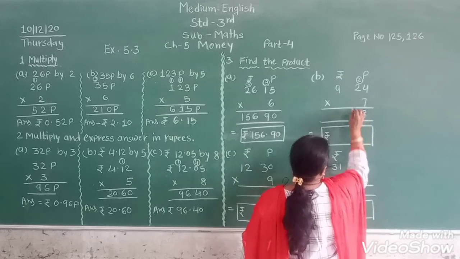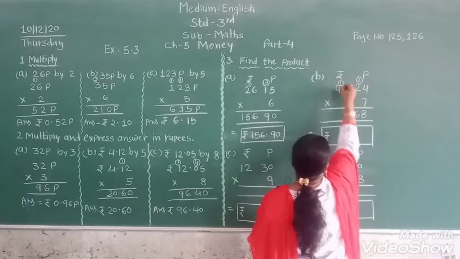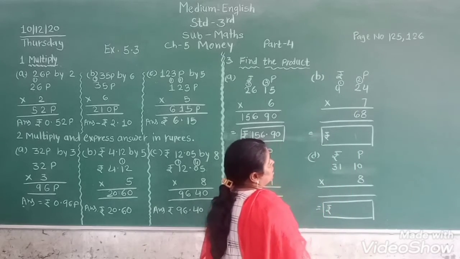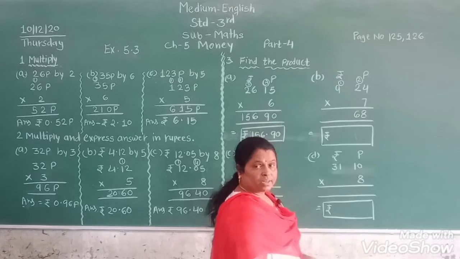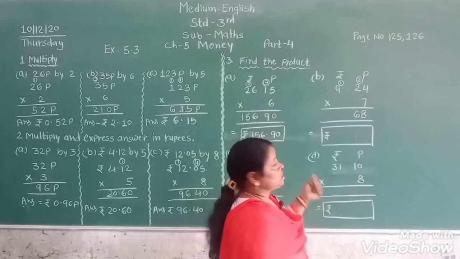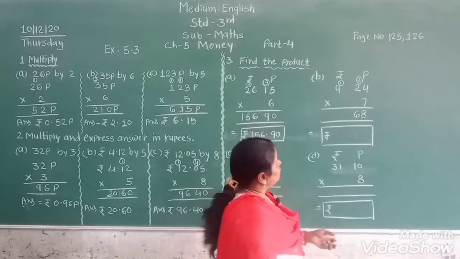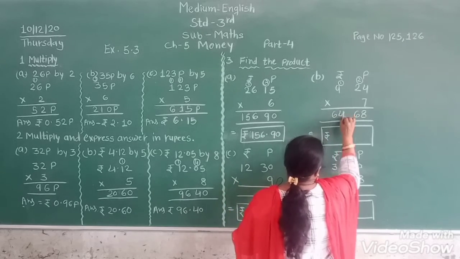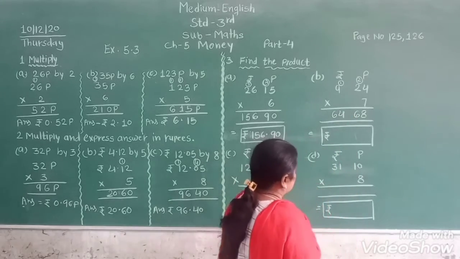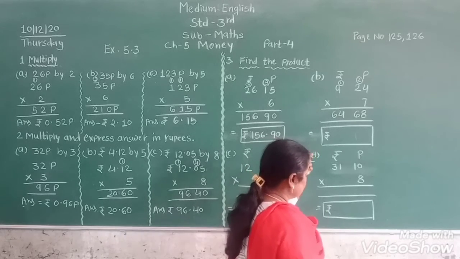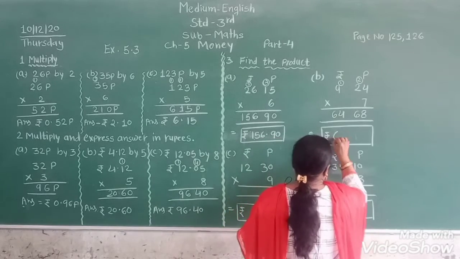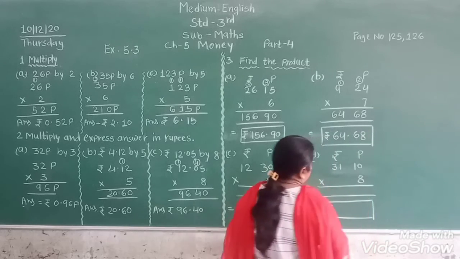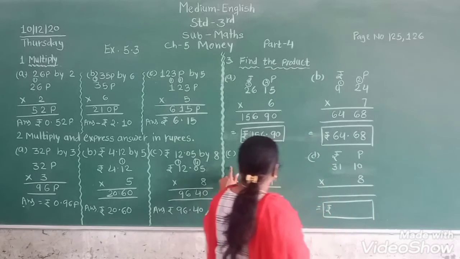So we write here 6 and 1 carry over. 7 9s are 63. 63 and 1 we add carry over, 64. So we write here 64. So rupees is 64 rupees and 68 paise.